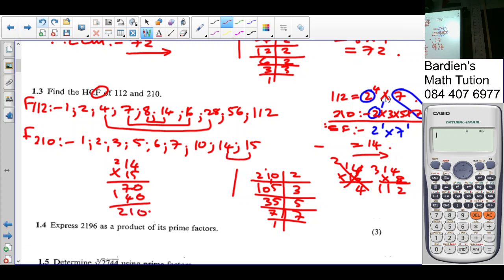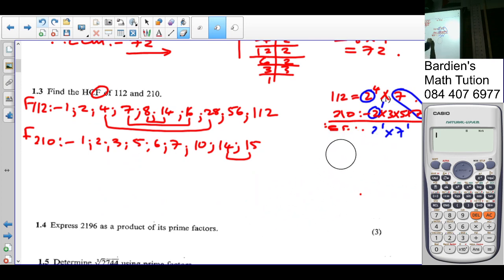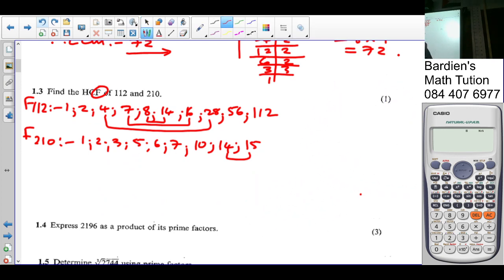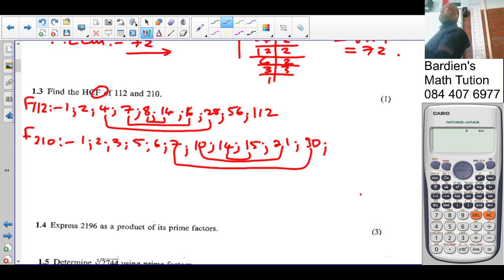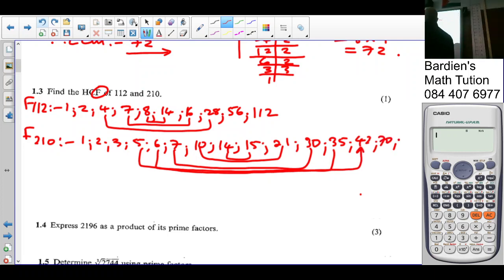So that is the middle. Not so? So 21. 7 times 30 is 210. You see, everyone has a couple, unless it's a perfect square. There's one number in the middle. 6 times what is 210? 35, yes? 5 times what is 210? 42, yes? 3 times what? 70. 2 times? 105?